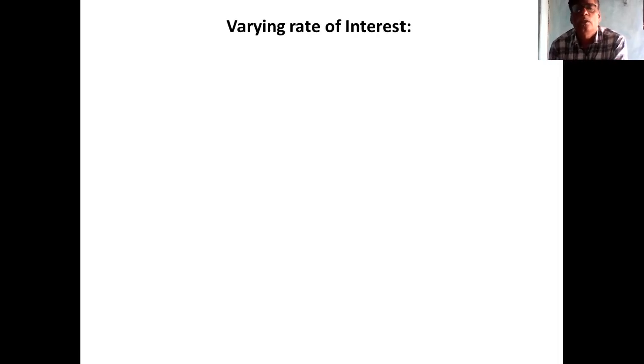If the rate of interest is fixed all over the period, there is no problem. If the rate of interest is changing and not fixed for all over the period, how to calculate the required things? That means how to calculate interest, or amount, or rate. Okay.